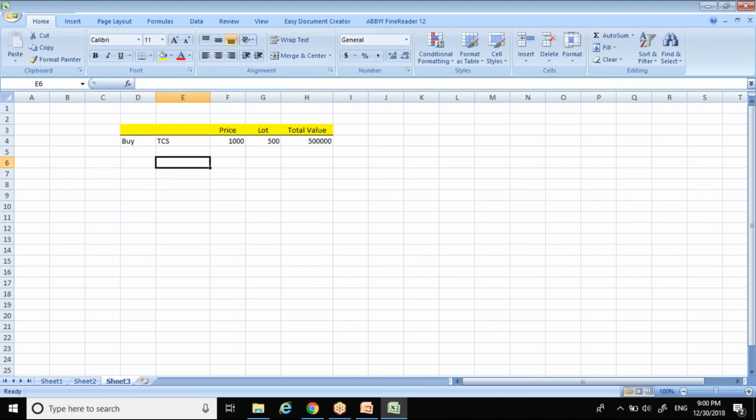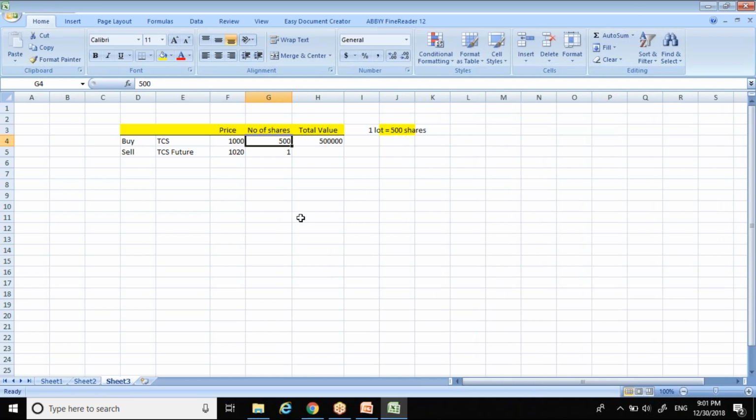Now, at the same time, you are selling the TCS future, let's say at a price of 1,020, and you have one lot, which is 500 shares.